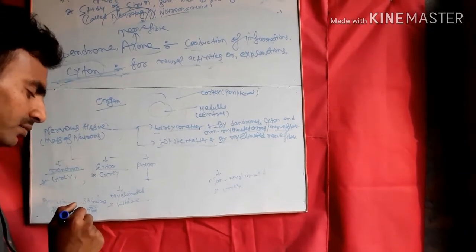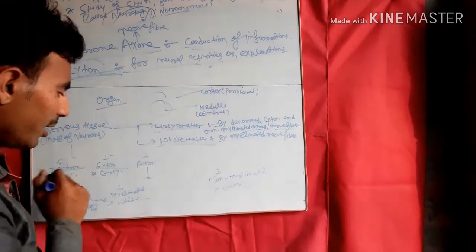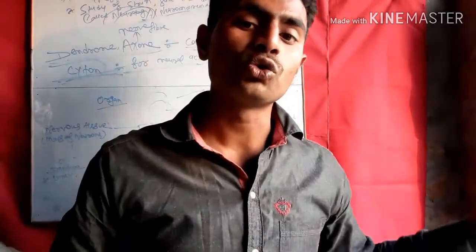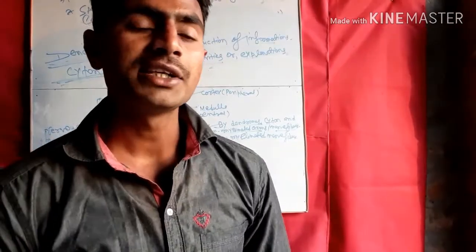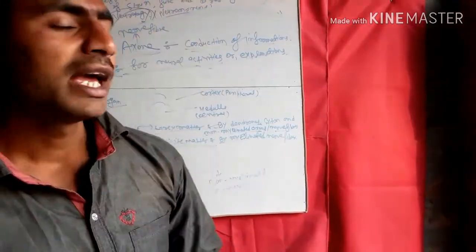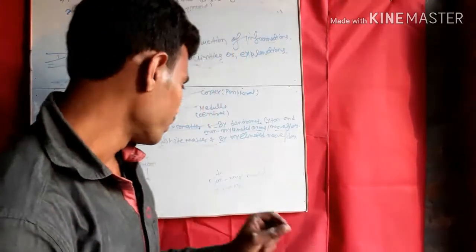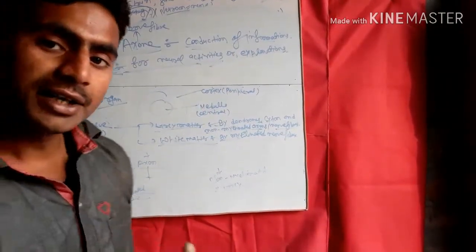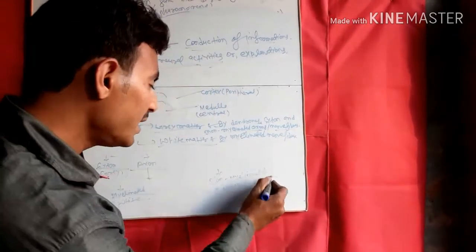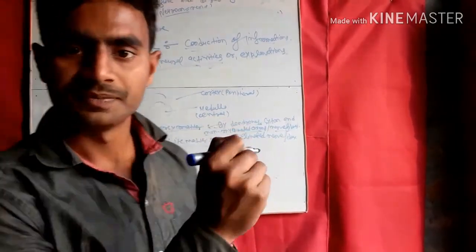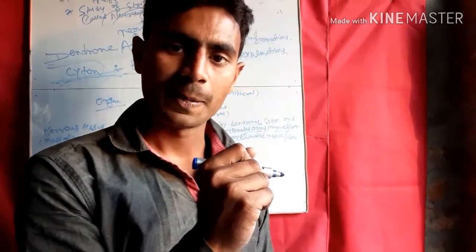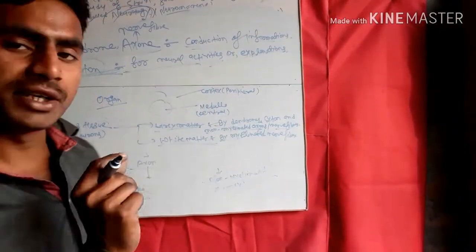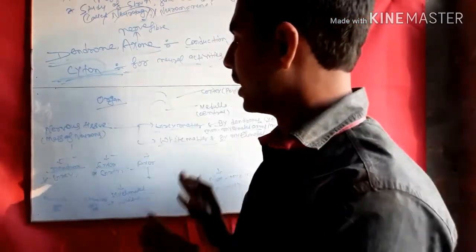The cytone is also gray. And the axon is divided into two parts: myelinated axons and non-myelinated axons. Myelinated axons are white, and non-myelinated axons are gray.